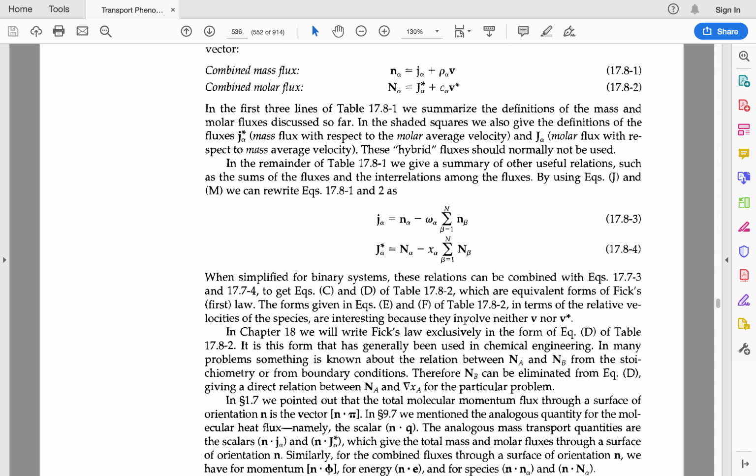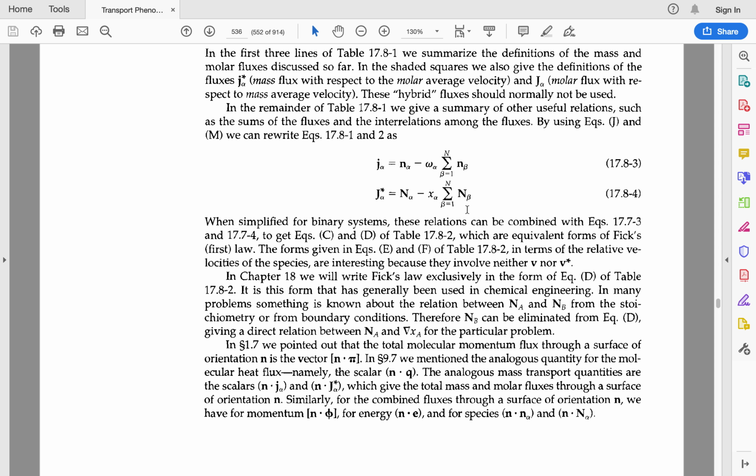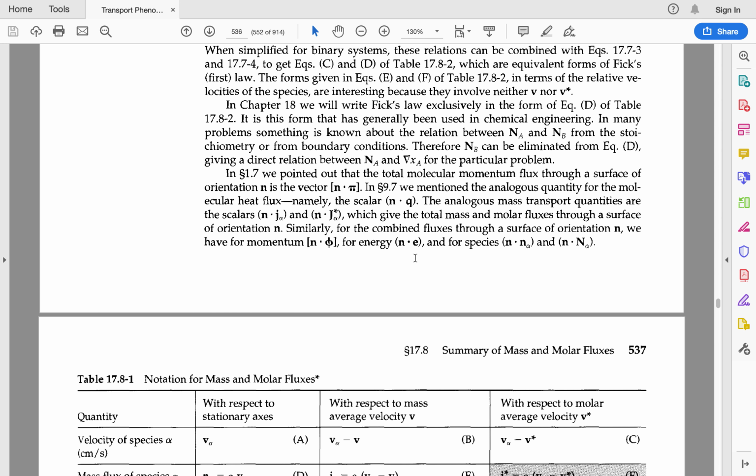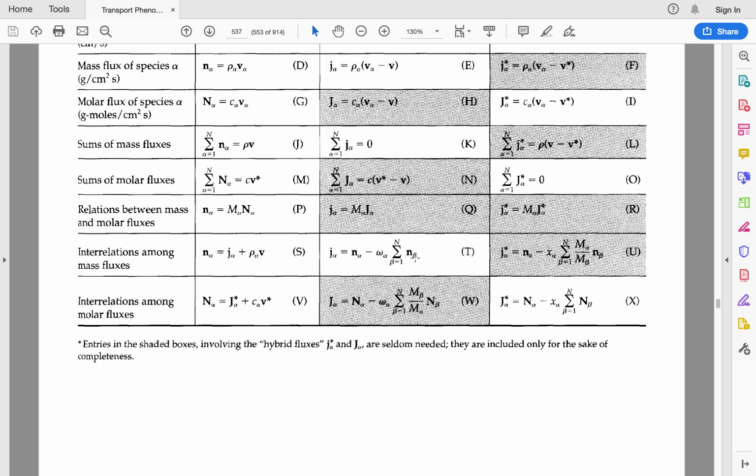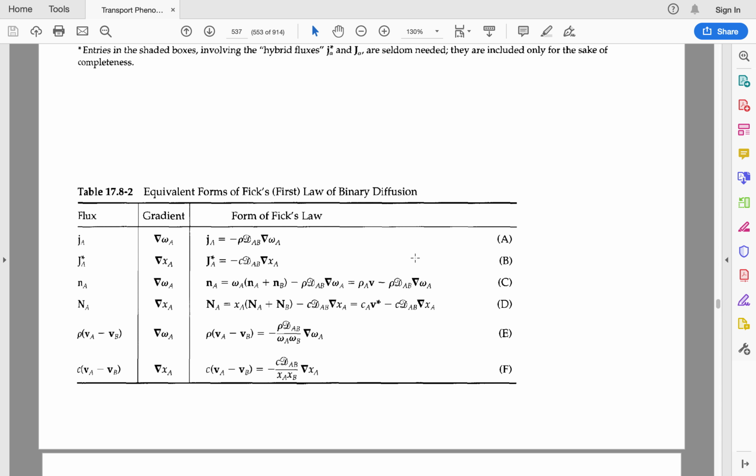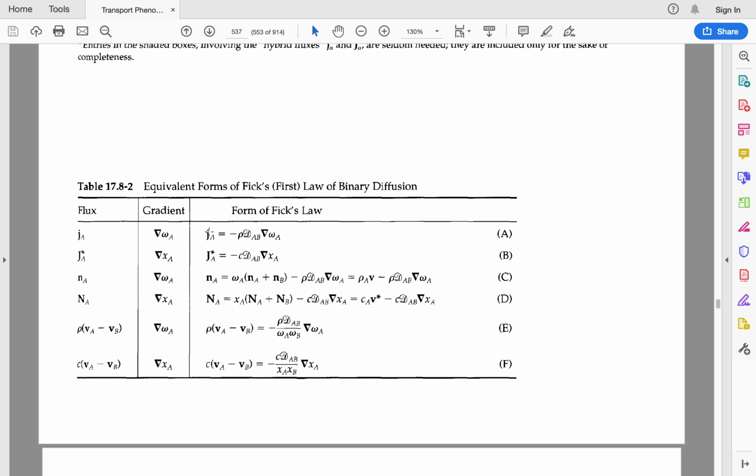If we simplify all this relation, we can go back to the equivalent form of Fick's law in table 17.8, step 2. This is capital N_A, and this is small n_A.